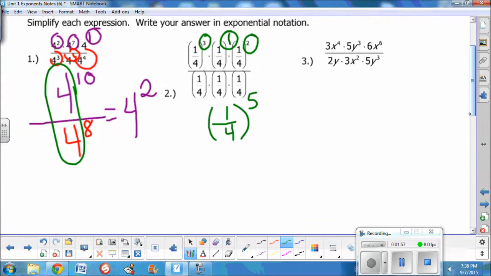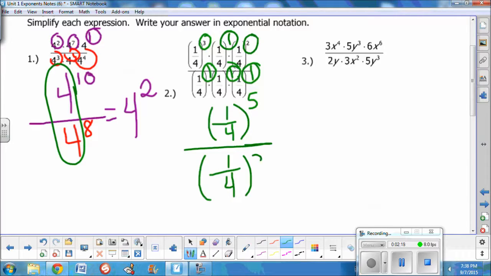Do the same thing with the denominator. 1/4 to the 1st times 1/4 to the 1st times 1/4 to the 1st. I misspoke there. Like bases, add your exponents. So we have 1/4 to the 3rd power.